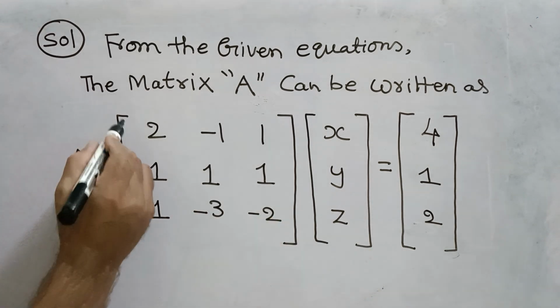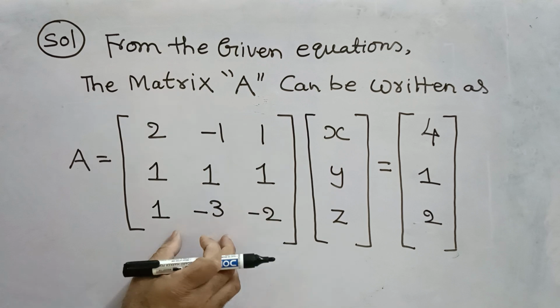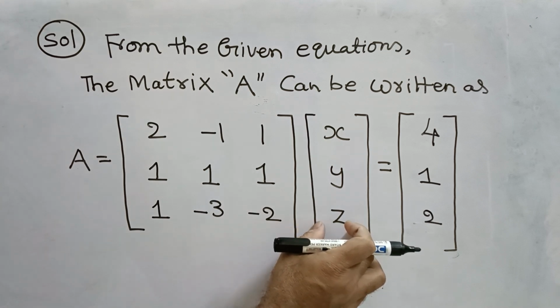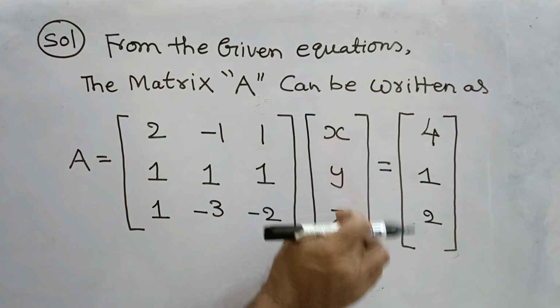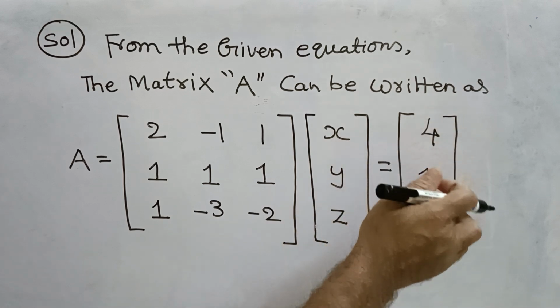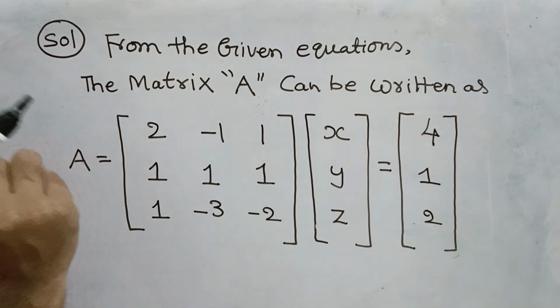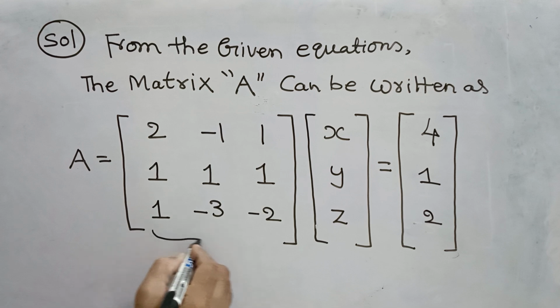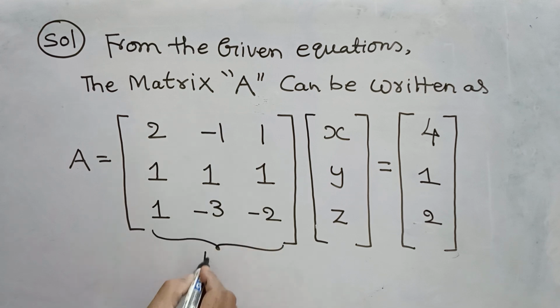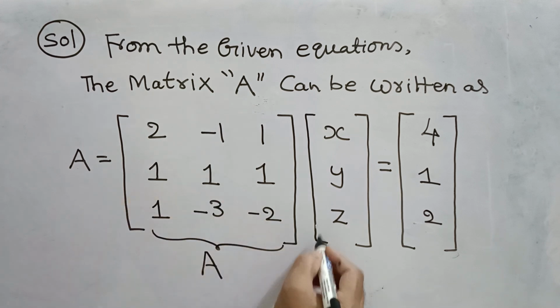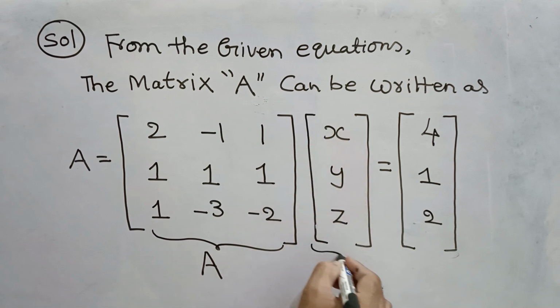So this is the matrix A, x, y, z are the variables, and 4, 1, 2 are called the constants. This entire matrix A, I am calling A, and this entire x, y, z, I am calling x, the unknown.